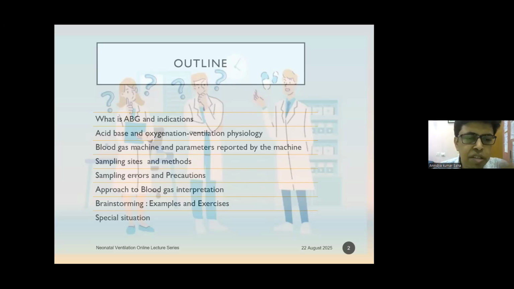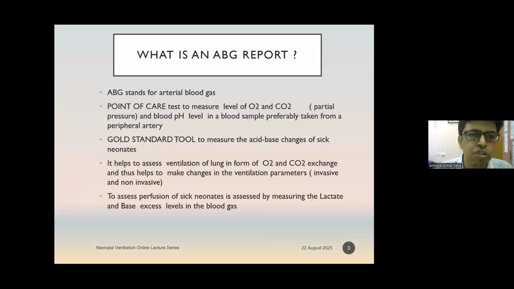There will be some sampling errors which are very important to know, and we have to take precautions to avoid those things, otherwise the report will be fully erroneous. And finally, we will know the approach to interpret our blood gas, and at the last we will discuss some examples, some exercises, as well as some special situations.